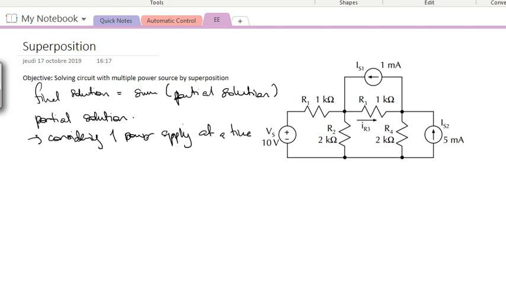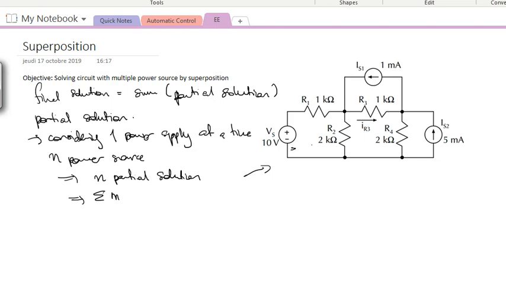That means if in a circuit you have n power supplies, power sources, you're going to have n partial solutions, and your final solution is basically the sum of these n partial solutions, right? For example, let's say for this particular circuit, how many power supplies do you have?